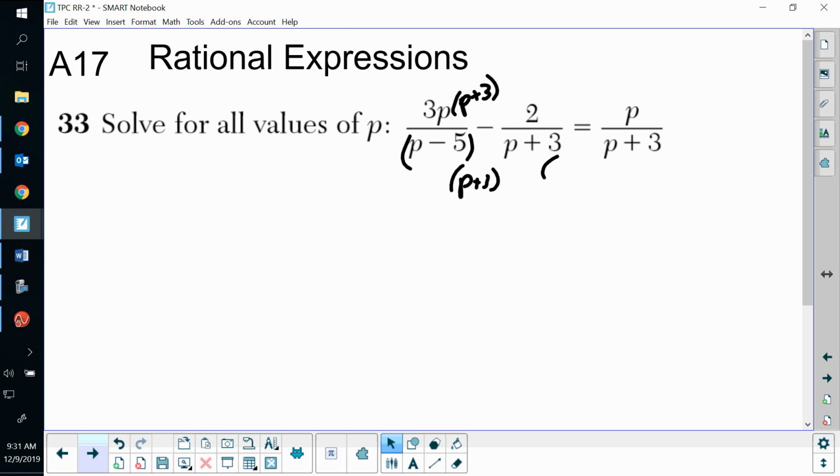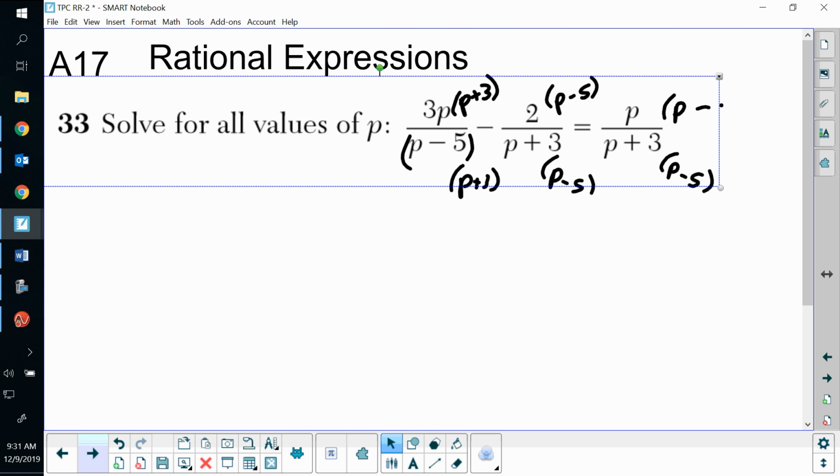The middle one needs a p minus 5 multiplied top and bottom. And the last one also needs a p minus 5 multiplied top and bottom.